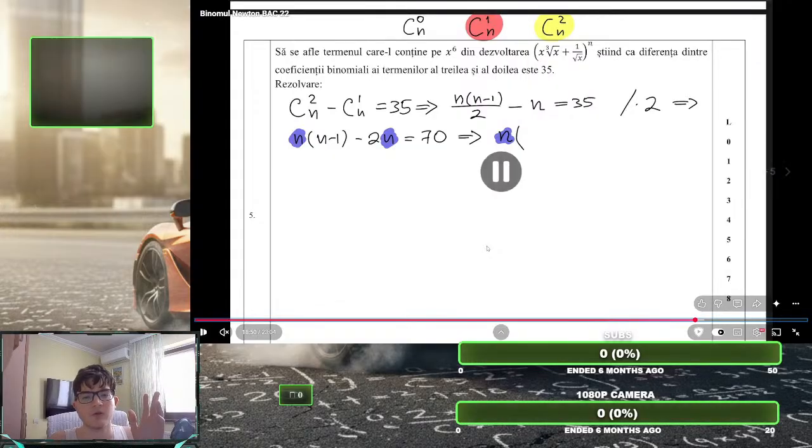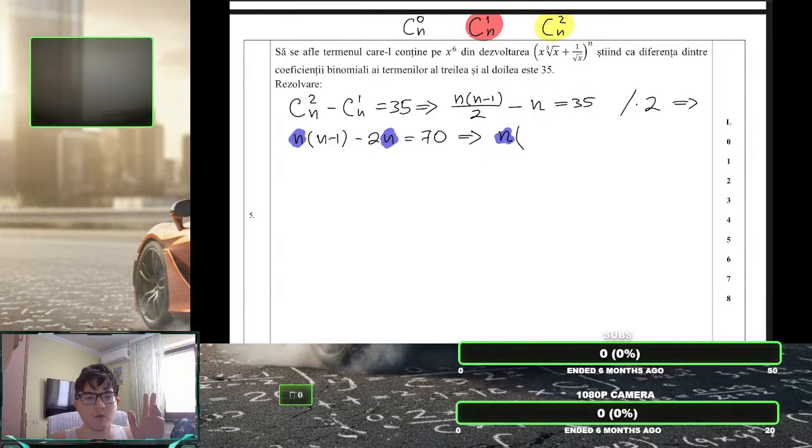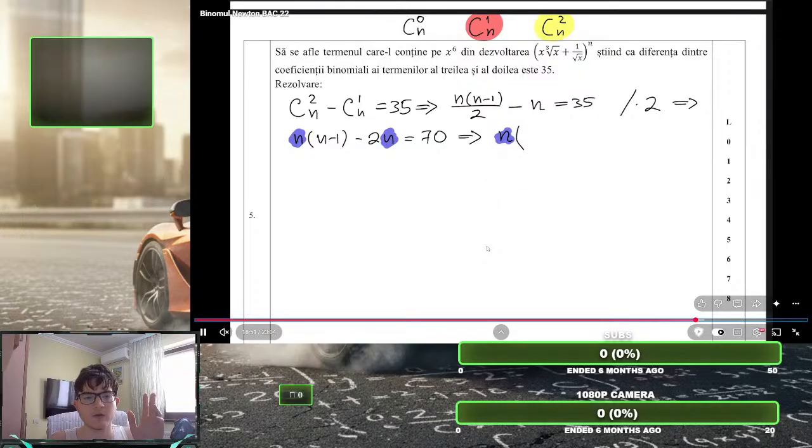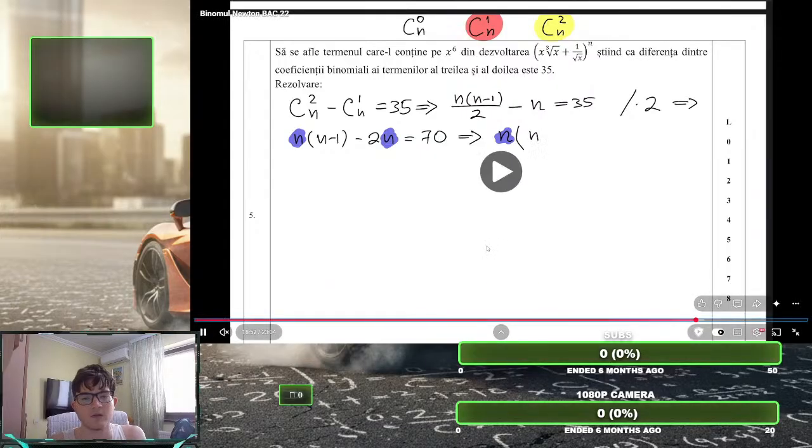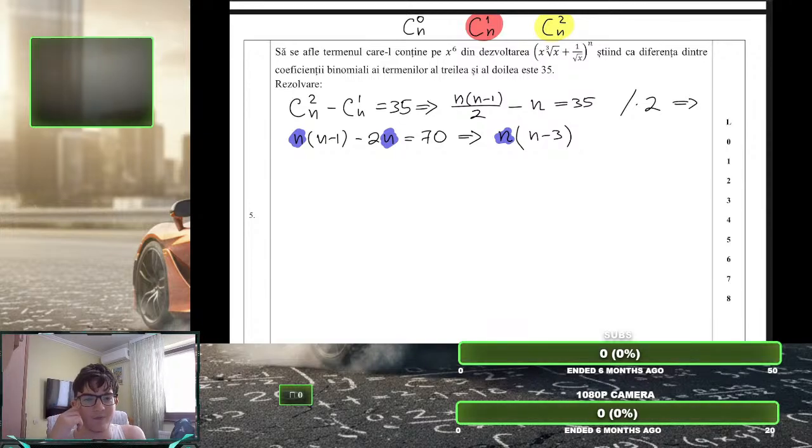And the common one, right? So now, this is advanced. When you move a term up front and so on. What are you gonna do? N minus 3. N minus 3, bro. N goes there.